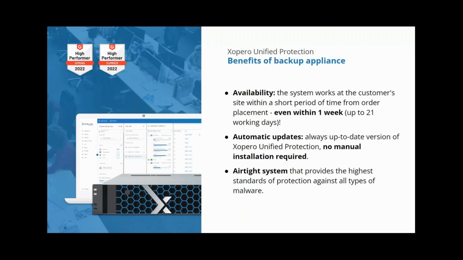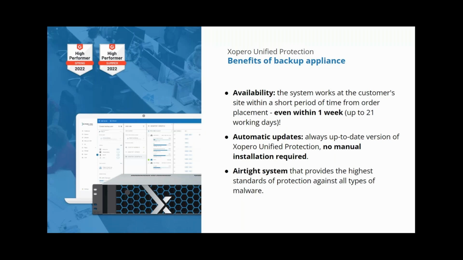As you are from different countries and may have different delivery times, we can still guarantee the delivery to be done within 2 weeks. Though usually it will be faster. So within 1 week from placing the order, your customers can start using the world-class unified protection appliance.